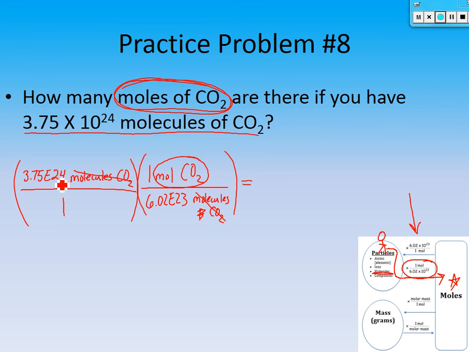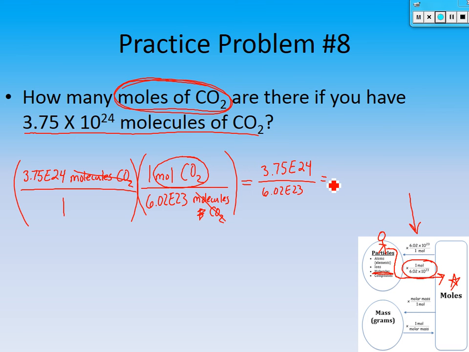So this number times 1 is that number, so 3.75 times 10 to the 24th goes on top. And to get the bottom number, you just cross multiply across the bottom. So 1 times Avogadro's number is Avogadro's number, so we put that on the bottom. Now put it in your calculator and divide those two numbers.